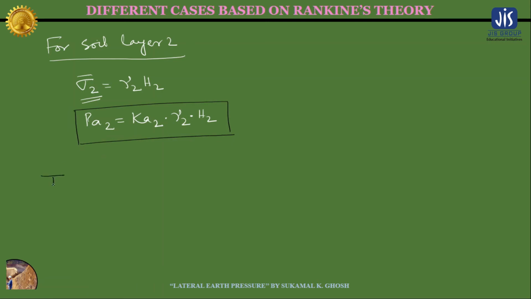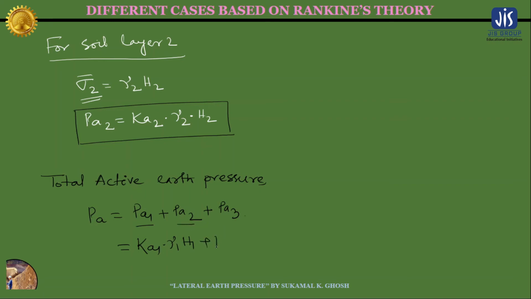So the total active earth pressure is Pa, which is equal to Pa1 plus Pa2 plus Pa3. Okay. So our Pa1 was K1 into gamma 1 into H1.